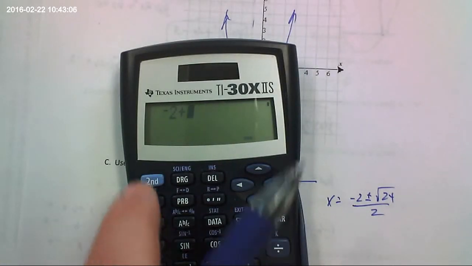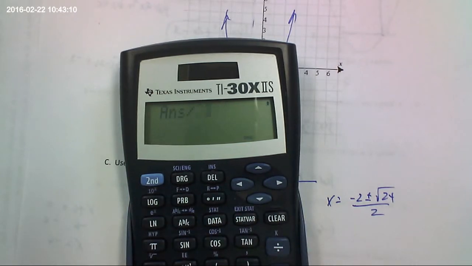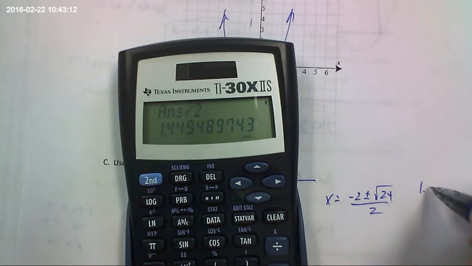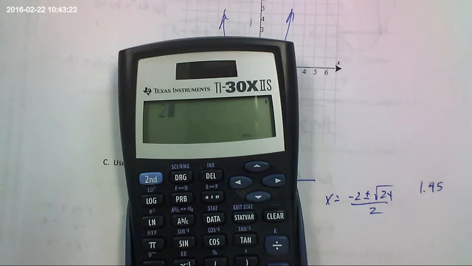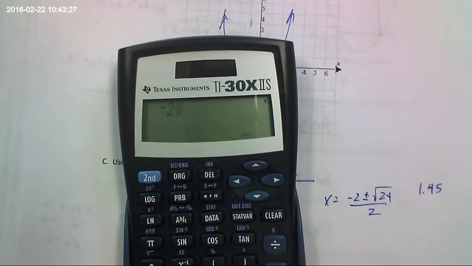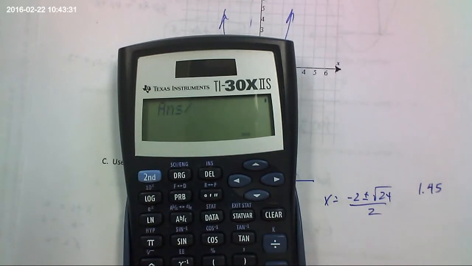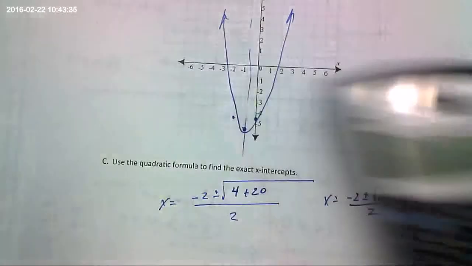Negative 2 plus the square root of 24, divided by 2 is 1.45, and then negative 2 minus the square root of 24, divided by 2 equals negative 3.45.